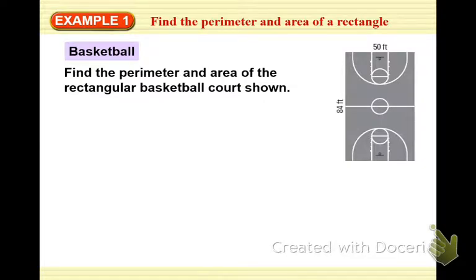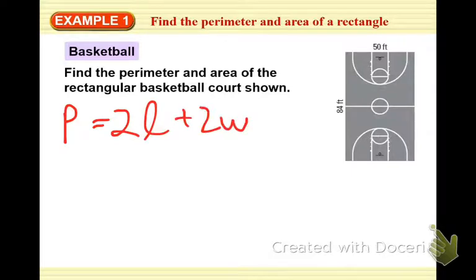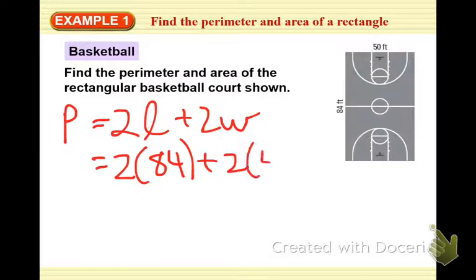Example. Find the perimeter and area of the rectangular basketball court. So when I do these problems, I'm going to write the formula. Perimeter of a rectangle, we said, was 2 times L plus 2 times W. That's a point right there, just writing that formula. 2L plus 2W. Then you're going to plug in 2 times the length, that's 2 times 84, plus 2 times the width, is 2 times 50.